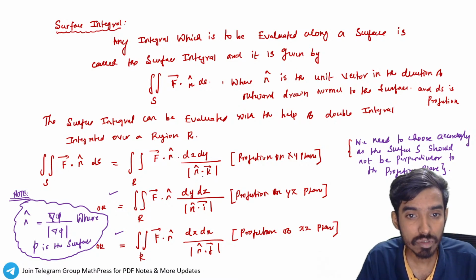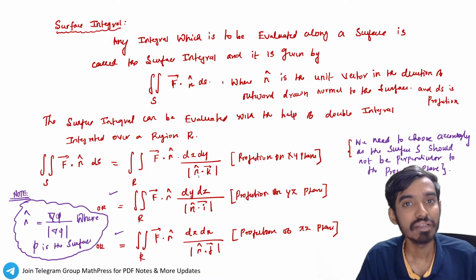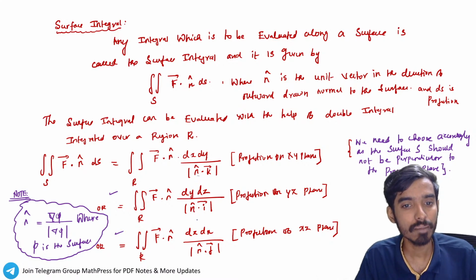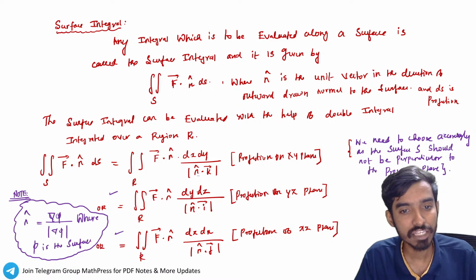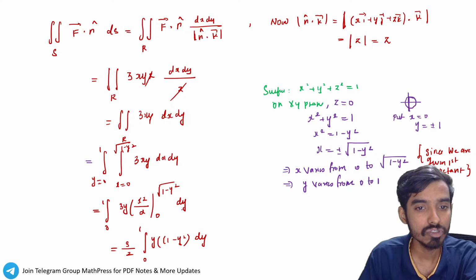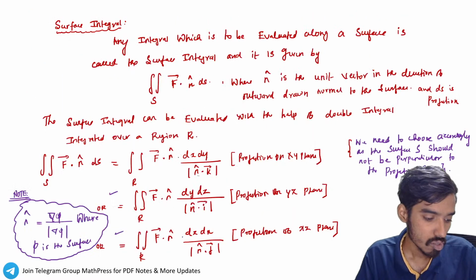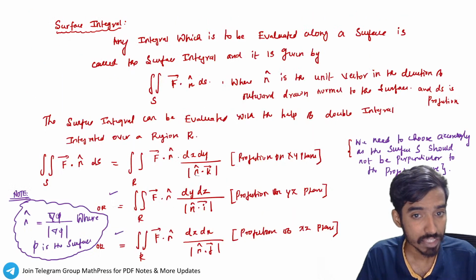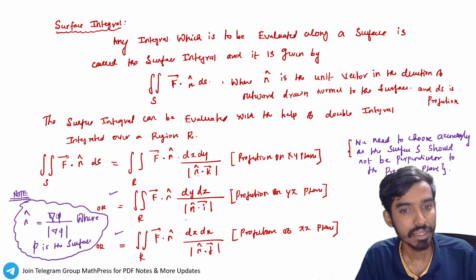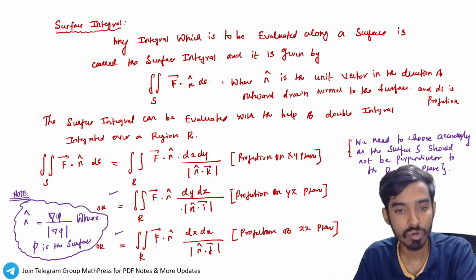If you choose the other one, the problem will be very big compared to these two. So it is recommended to choose one of these two, as we know the z limits. You choose whichever integral is easy to evaluate, right?